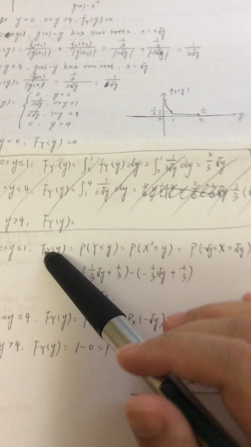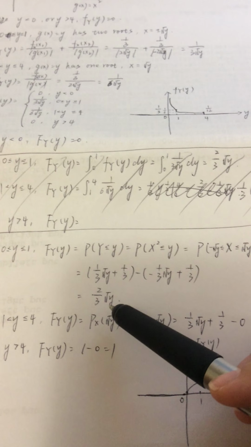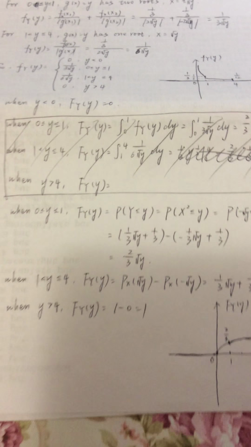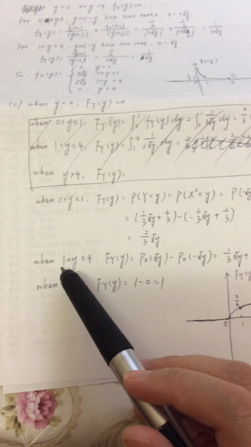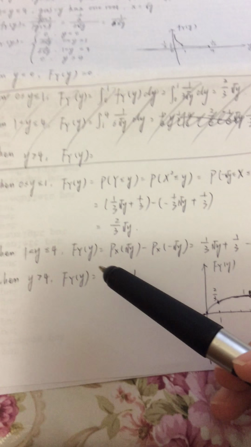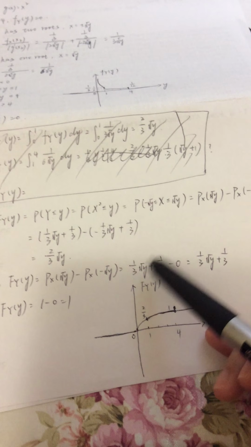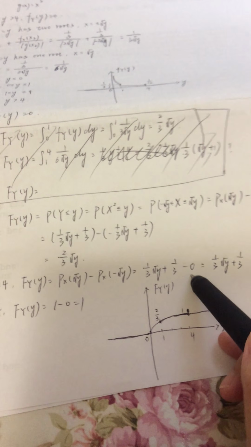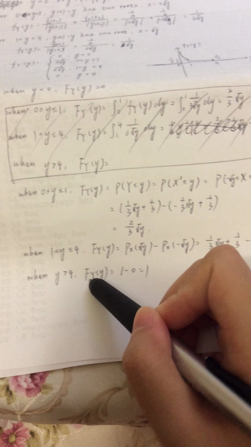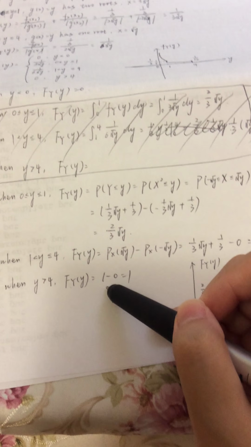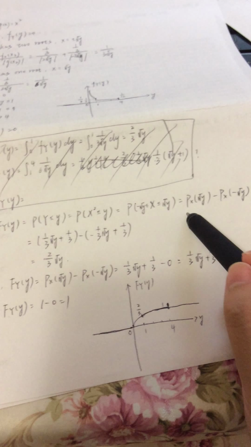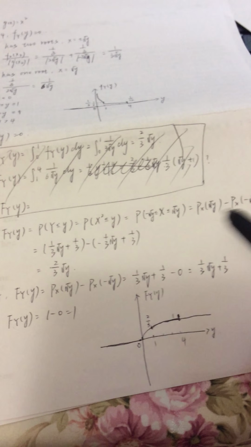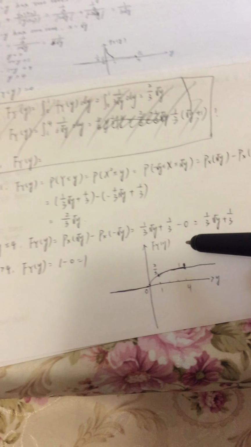Then we can get F_Y is 2 over 3 times the square root of y. And when y is greater than 1 and less than 4, F_Y is the same as this, just this part is 0. So the final value is here. And when y is greater than 4, this part is 1 and this part is 0, so the final value is 1. And we draw the picture like this.